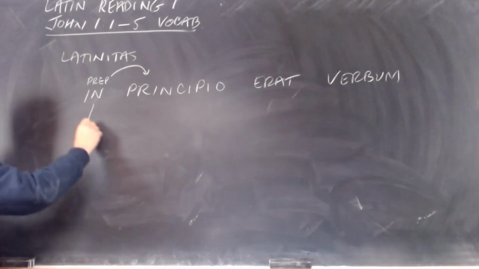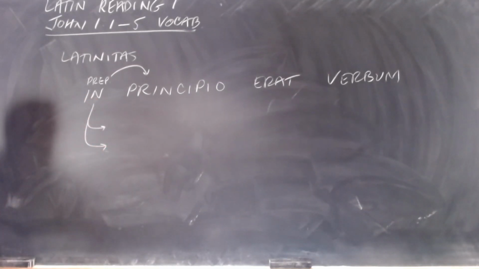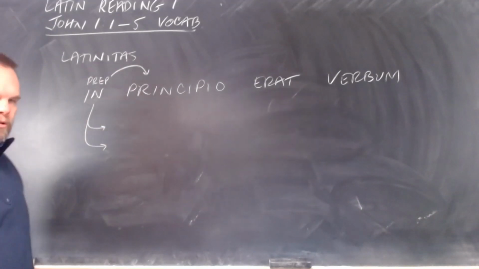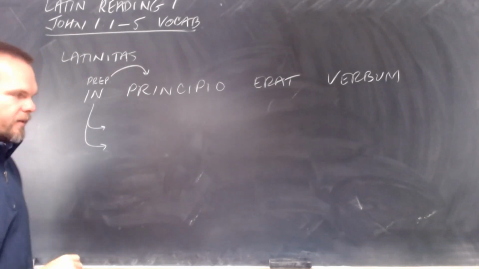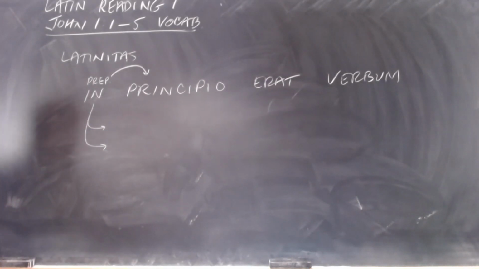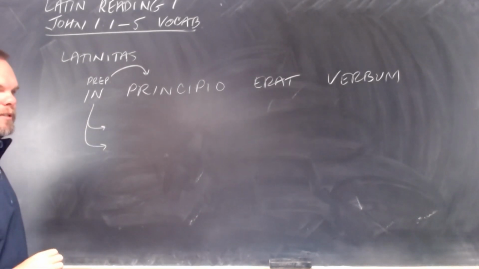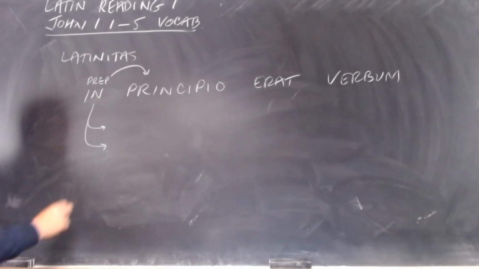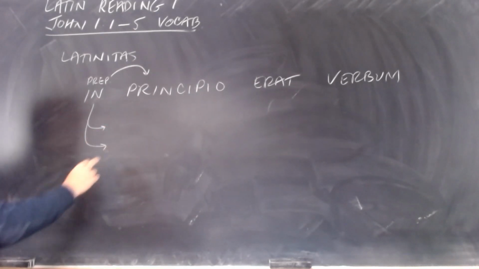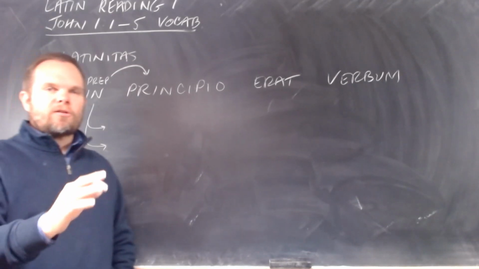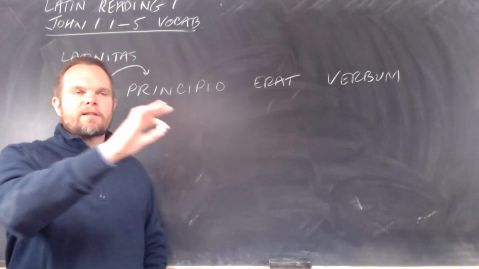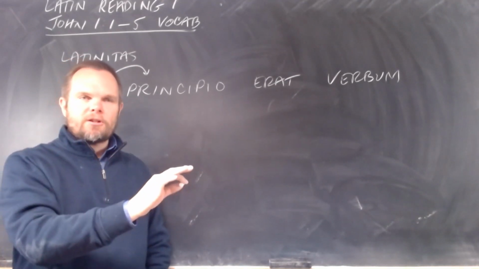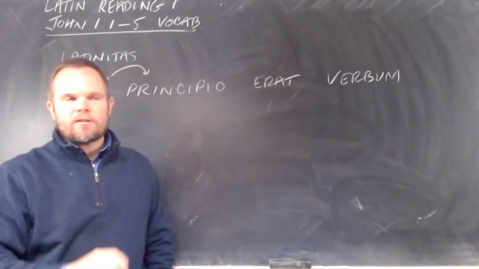If you look in up in a Latin dictionary, and again, I know that you don't necessarily know Latin grammar yet because you're just getting started, but I just want you to follow me on this. If you look up this word in a Latin dictionary, it will tell you that this preposition is followed by a noun in a certain case. Prepositions cause the noun that follows the preposition to be in a certain case.